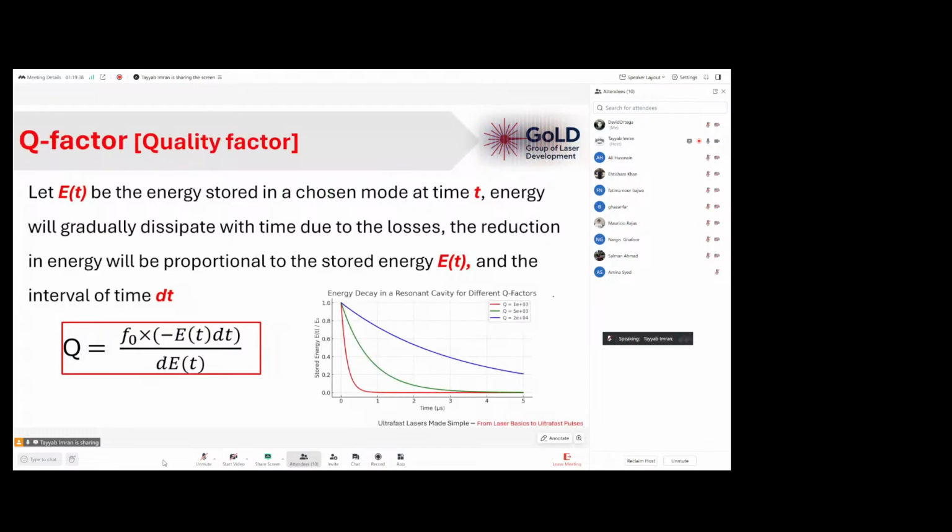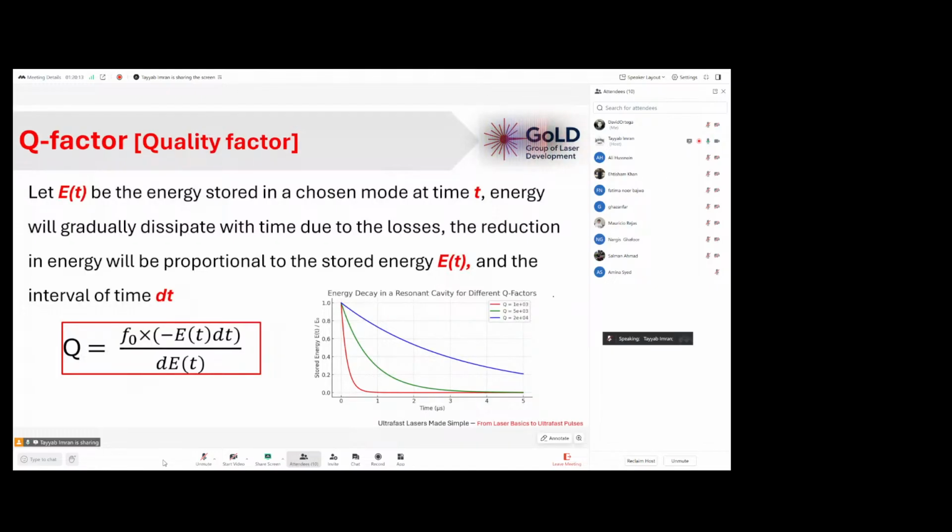So this energy is stored in a mode at time t, and this energy will gradually dissipate with the passage of time because of the losses. It means the energy will be reduced.